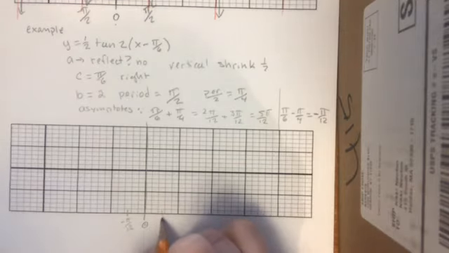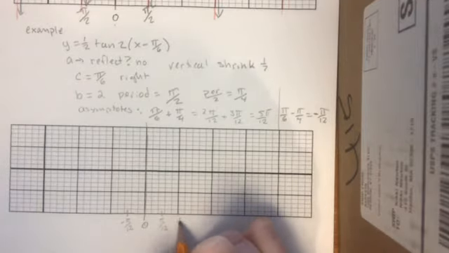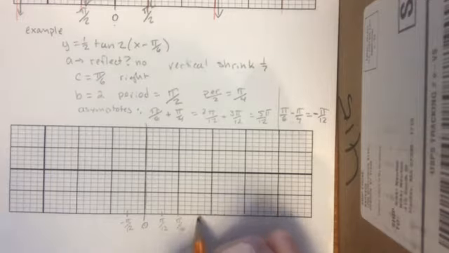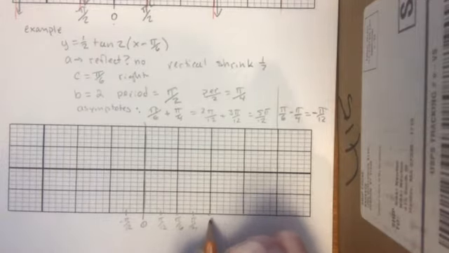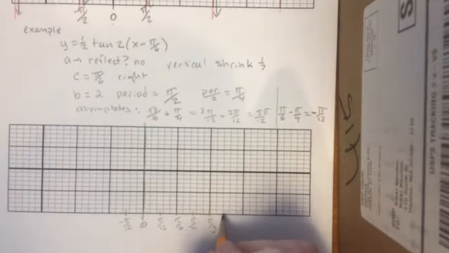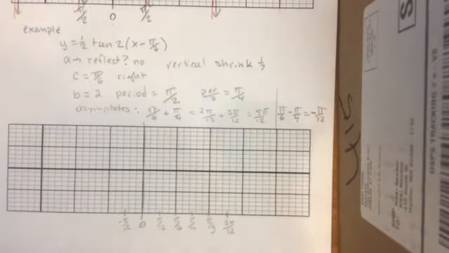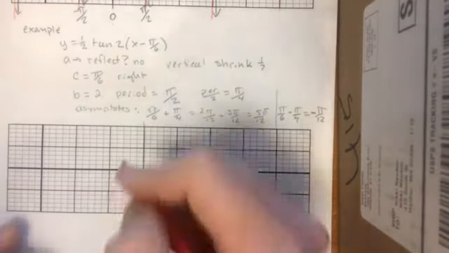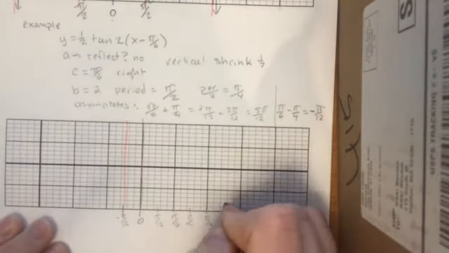This would be pi over 12. This would be 2 pi over 12. This would be 3 pi over 12. This would be 4 pi over 12. And this would be 5 pi over 12. And I'm going to draw my asymptotes in red just so that they're visible. So those are my asymptotes.